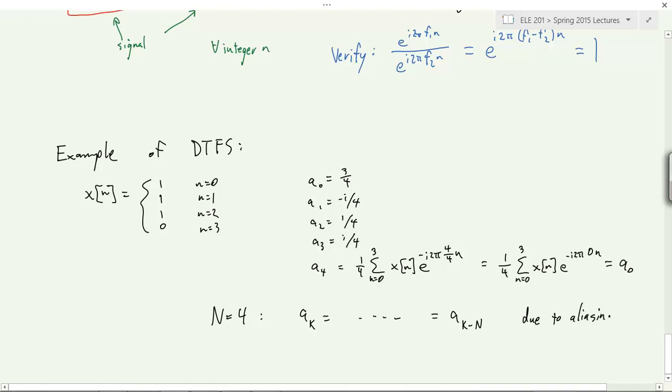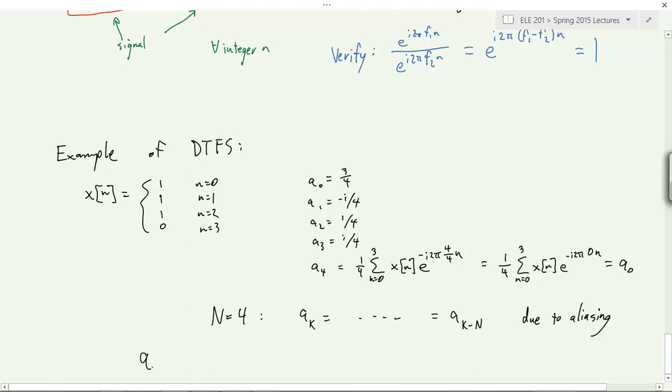In other words, if we switch this complex exponential in our sum to a complex exponential of another frequency that we've claimed is equal through aliasing, then we can derive that these coefficients are equal when they're separated by n. What does that mean about this sequence A? It repeats. So we call that periodic.